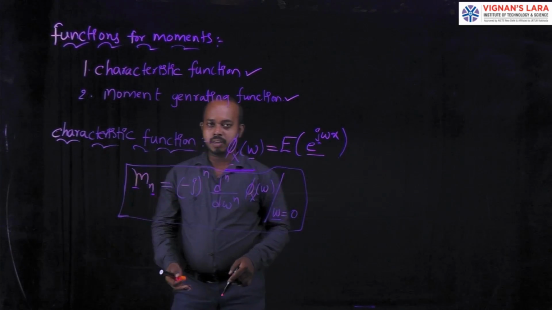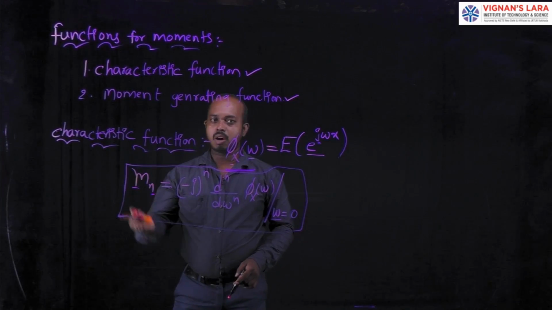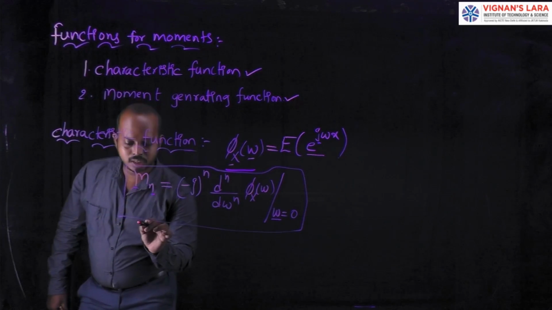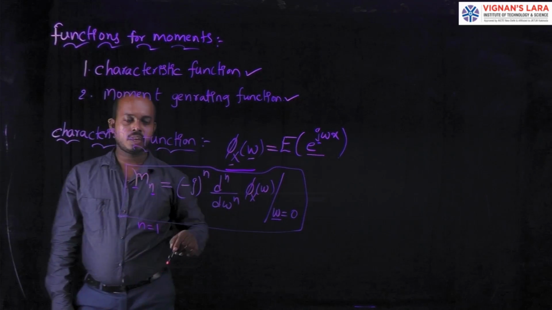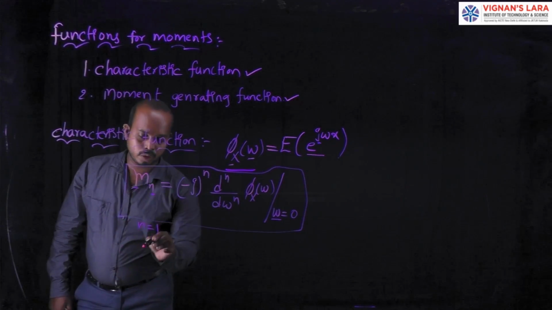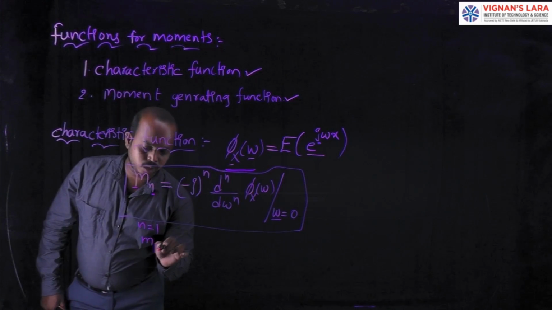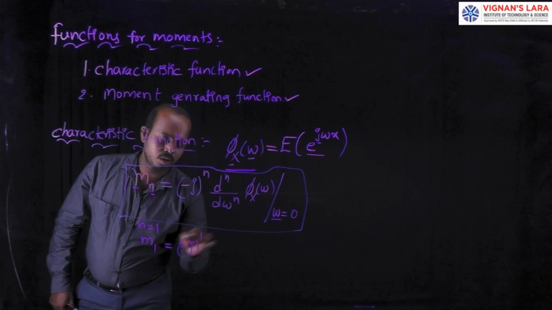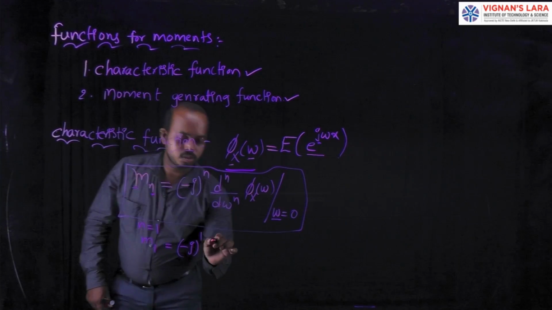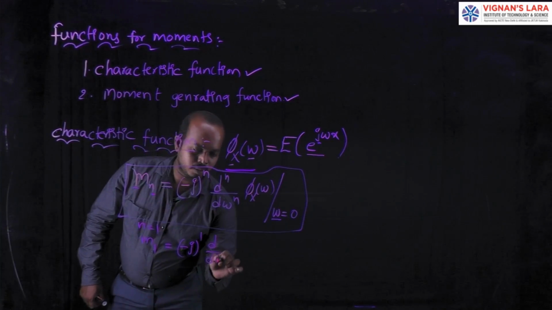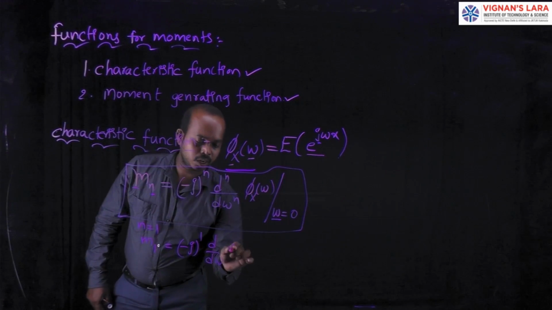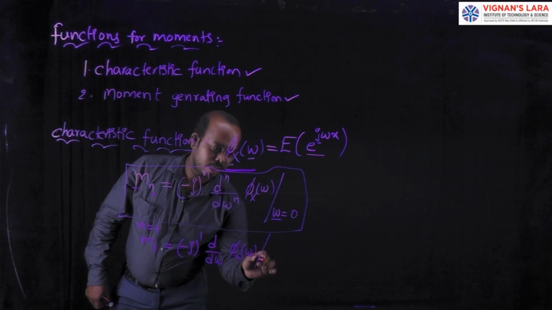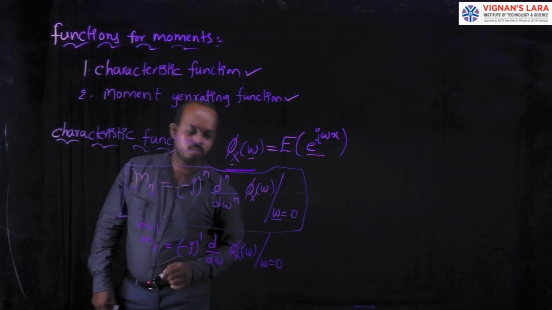Suppose you need to find the first moment of this characteristic function, just keep n is equal to 1. We can write m suffix 1 is equal to minus j whole power 1 times d by d omega of pi x of omega at omega is equal to 0.